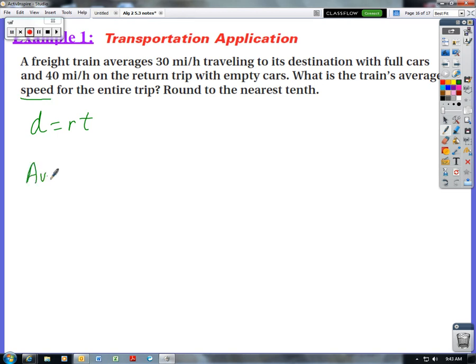Speed is the rate. So if you divide both sides by t, you'll get rate equals distance over time. So the average speed is the total distance divided by the total time that the cars are moving.